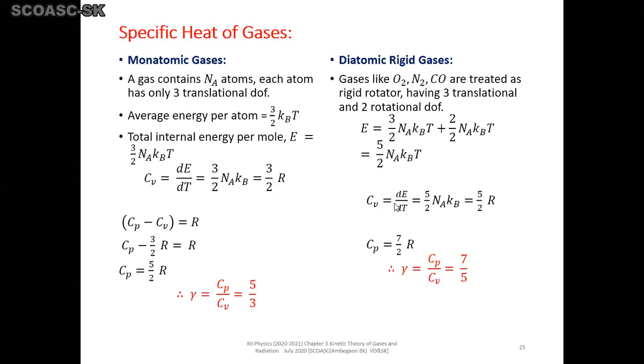I hope all of you are getting why we come to this particular expression, because whatever heat you supply is used only to increase the internal energy, and the heat you are supplying is not to raise only 1 degree, but you are raising the temperature by dT. So you are going to have dE by dT, and this is 5 by 2 R. I do the same thing and I get gamma as 7 by 5.